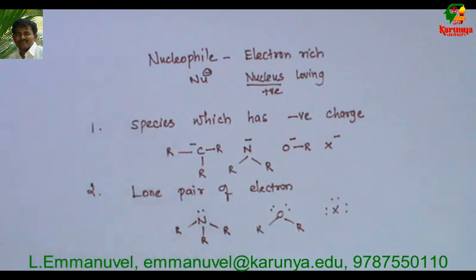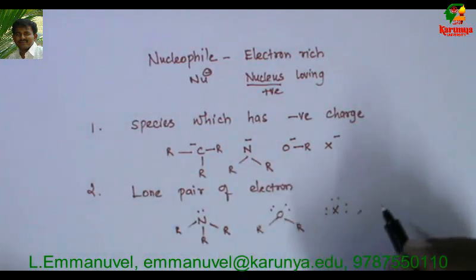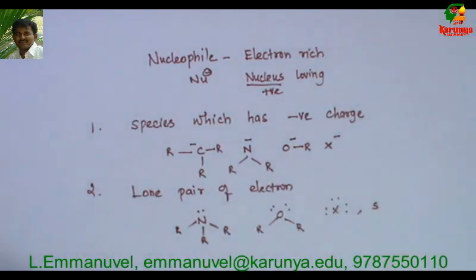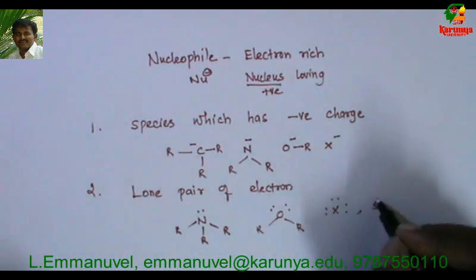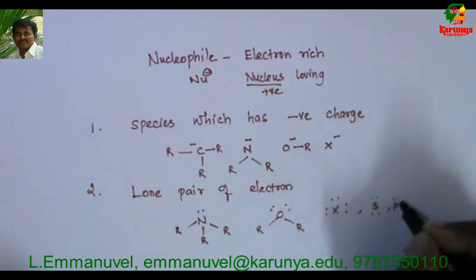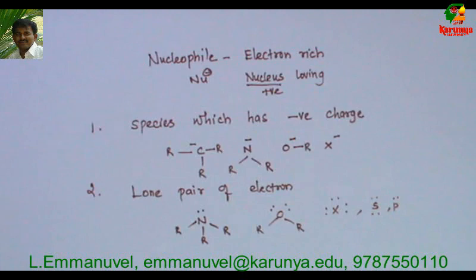So this is the second one: the atom which has a lone pair of electrons. Carbon doesn't have a lone pair. So we get nitrogen, oxygen, halogen. In addition to that, if you go to the next period, you can find sulfur, phosphorus, and so on. But the most common are nitrogen, oxygen, halogen.